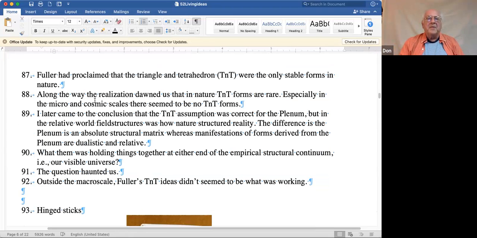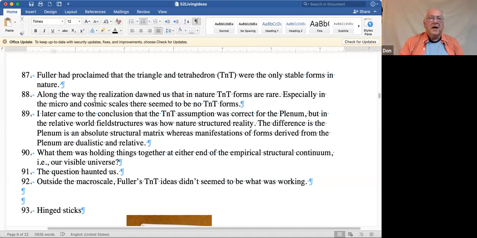Fuller had proclaimed that the triangle and tetrahedron, I call it TNT, were the only stable forms in nature. And there are many references to that in his book. Along the way, the realization dawned on us that in nature, TNT forms are actually rare, especially in micro and cosmic scales. There doesn't seem to be any TNT forms.